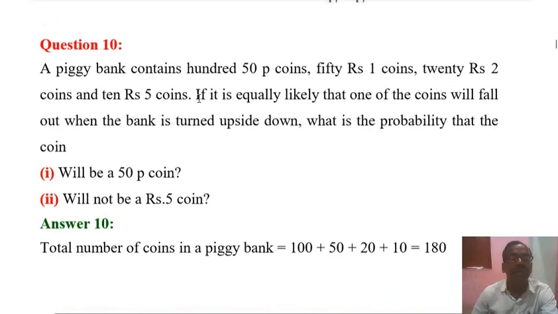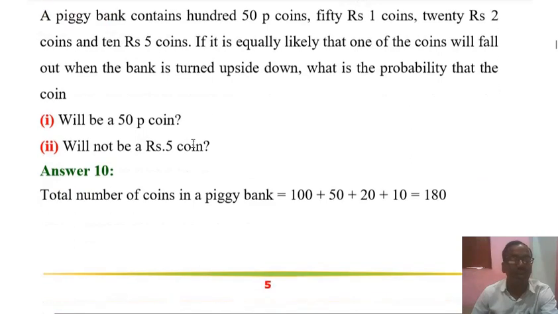So the piggy bank contains 100 50 paise coins. The number of 50 paise coins is 100. Number of 1 rupee coins is 50, the number of 2 rupee coins is 20 and the number of 5 rupee coins is 10. Hope that there is no problem to understand the question.